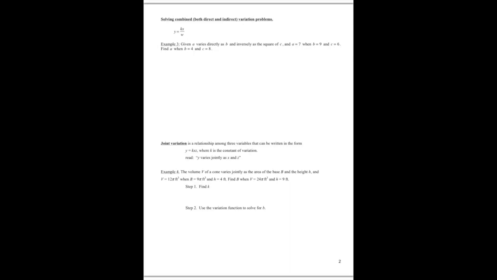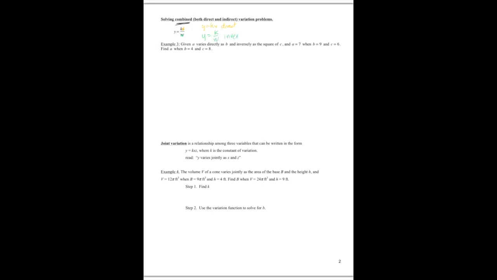So now we're going to talk about another type of variation. We can combine both direct and indirect variation to get combined variation. Notice direct variation allows us to have the x in the numerator, so y equals kx was direct, y equals k over a variable was inverse.